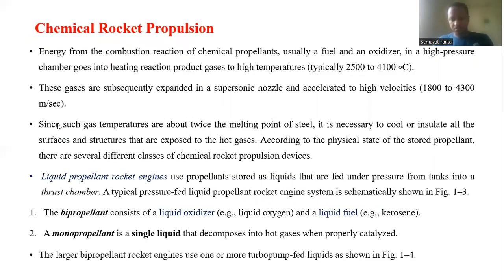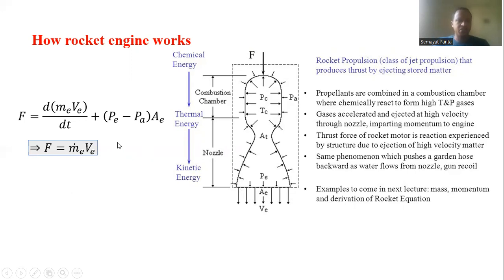So this is what we call it, and this is from the pressure at exit minus the pressure at the atmosphere. A stands for atmosphere, E stands for exit. So pressure at exit minus pressure at atmosphere.